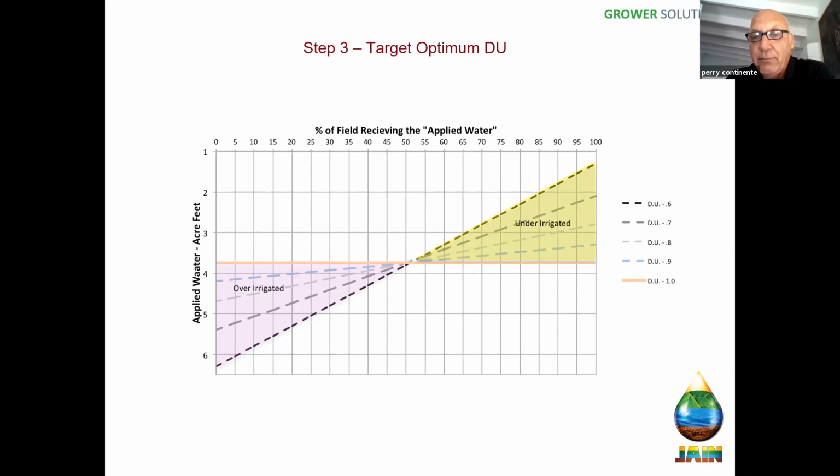Of course 100%, one, is flat, so you're putting on exactly the same amount of water in all parts of the field, which is unrealistic and not possible at this point because of the manufacturer's inability to produce a perfect emission device, as well as friction losses, elevation, et cetera. So we're going to come up with some acceptable DU, and it tends to be about 0.9 to actually 0.95, depending on the system.